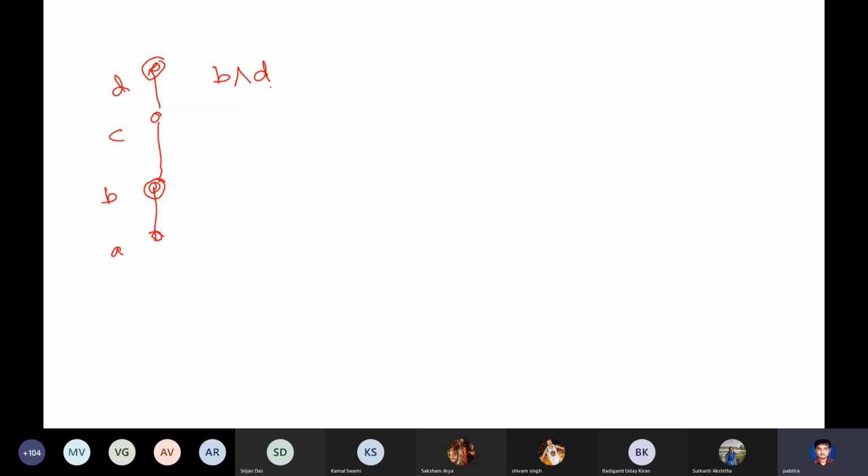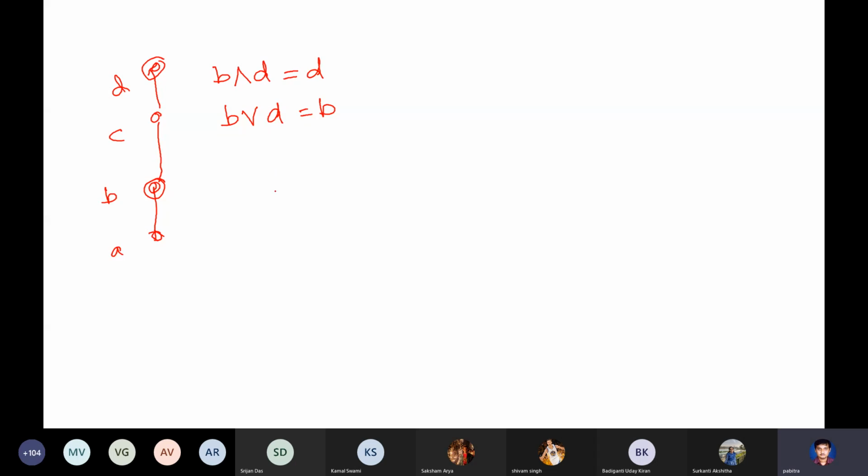But anyway, B and D, it's D itself. Similarly, you take this, it's B itself. Okay, so if it's a chain, the join and the meet of two elements in either case are one of the elements.